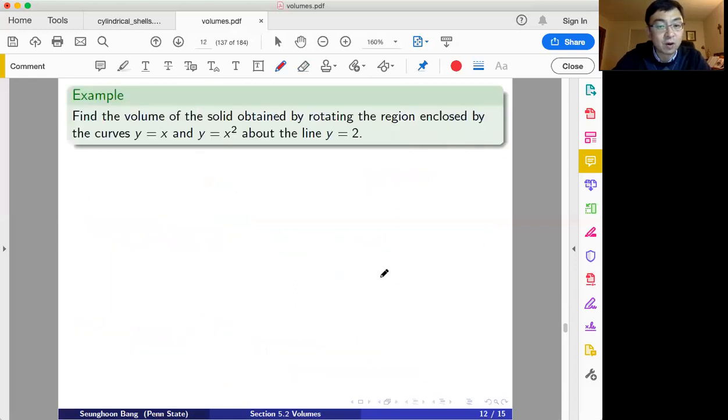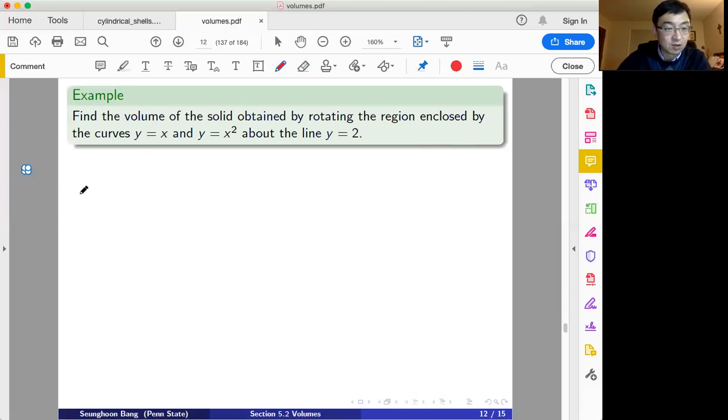Find the volume of the solid obtained by rotating the region enclosed by the curves y equals x and y equals x squared about the line y equals 2. So we have this one.